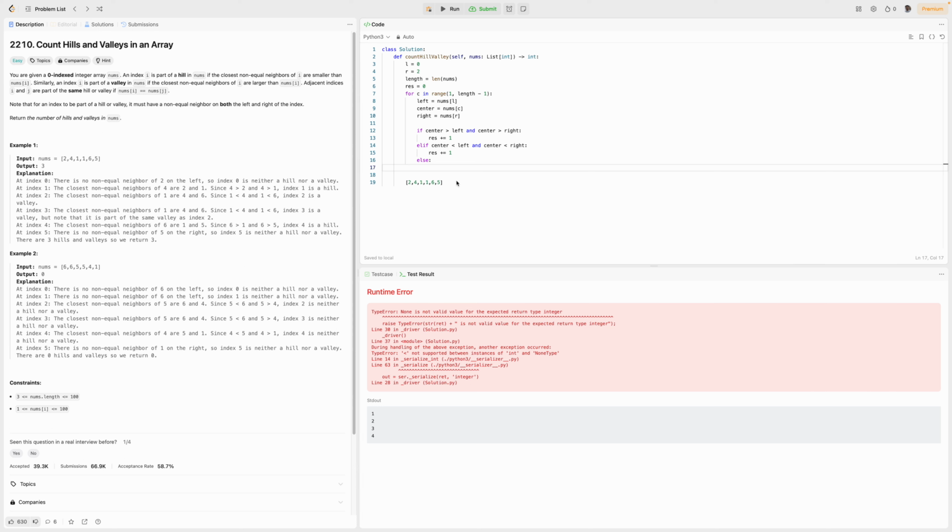then we want to increment the counter until, well, let's say R is right here, right?